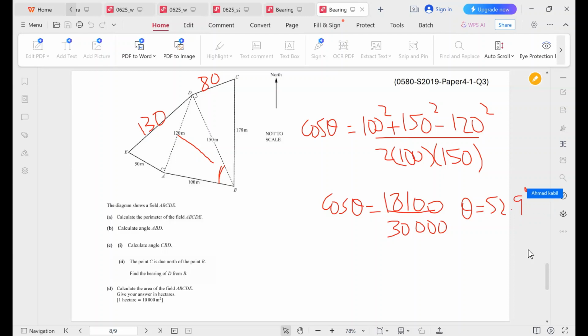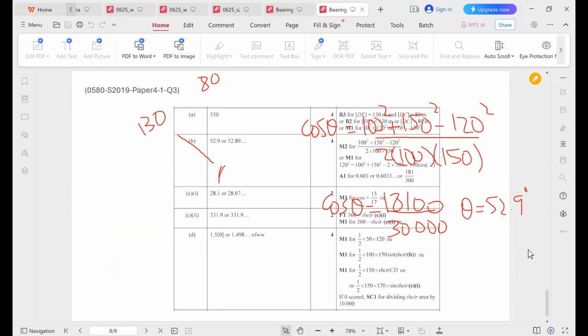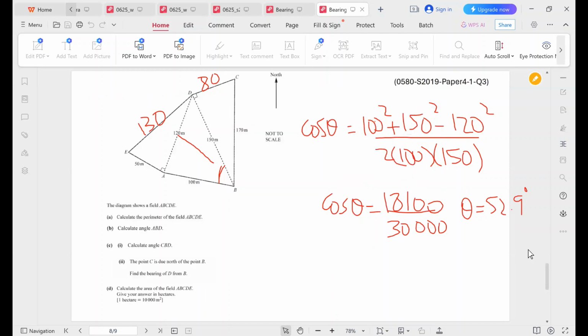Let's check the answer. 52.9 is correct. So let me write it down inside the drawing.